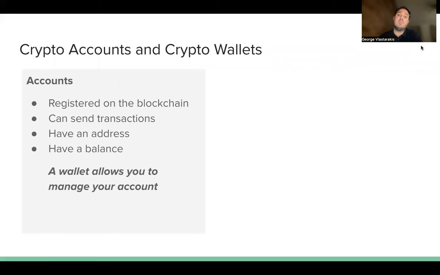Now, to understand a little bit better how crypto accounts on the blockchain relate to crypto wallets, as we said, the accounts are registered on the blockchain. They can send transactions. They have these unique addresses, and they have their balances. They are the most basic type of information that is held on the blockchain in terms of a stakeholder, and they are the backbone of how transactions are committed and controlled.